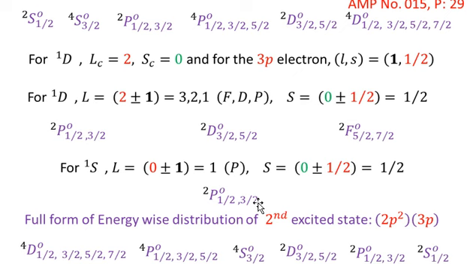Now I have obtained these terms, which are shown over here, then shown for the 1D, these terms, and then for the 1S we have these terms. Now I have to arrange all these terms energy wise.